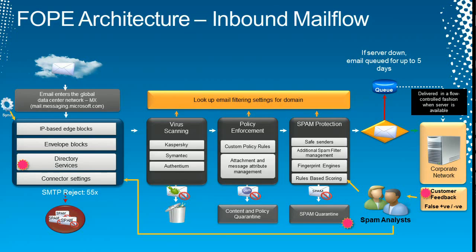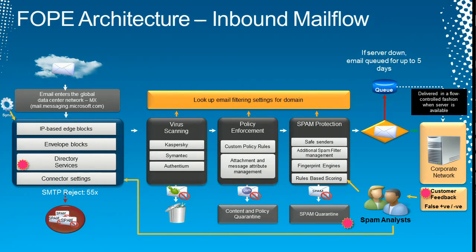Over time, we've built up over 400,000 rules, and at any given time, there's 10 to 20,000 of those, what we call in rotation, in use, and scoring messages. It's not an absolute exact science, so we look for multiple aspects of the mail to identify it as spam.